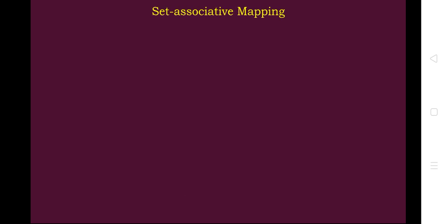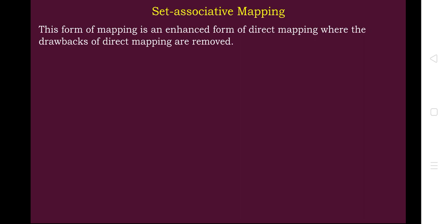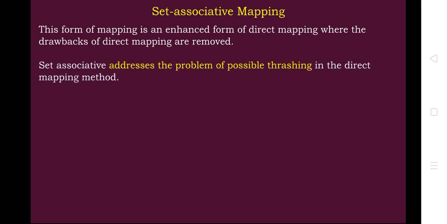Next is the set associative mapping. This form of mapping is an enhanced form of the direct mapping, where the drawbacks of direct mapping are removed. Set associative addresses the problem of possible thrashing in the direct mapping method. What is thrashing?